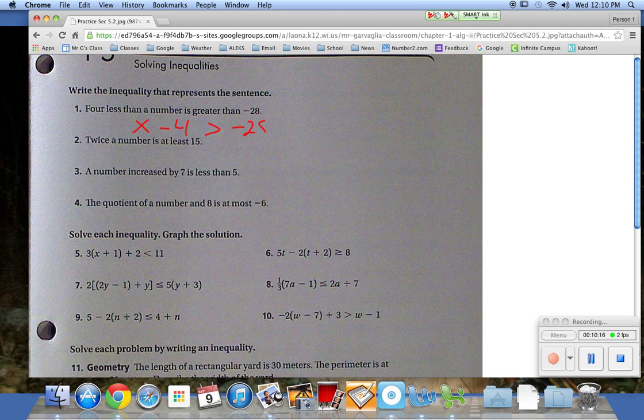Good job. Preston, twice a number is at least 15. At least 15. Greater than or equal to.